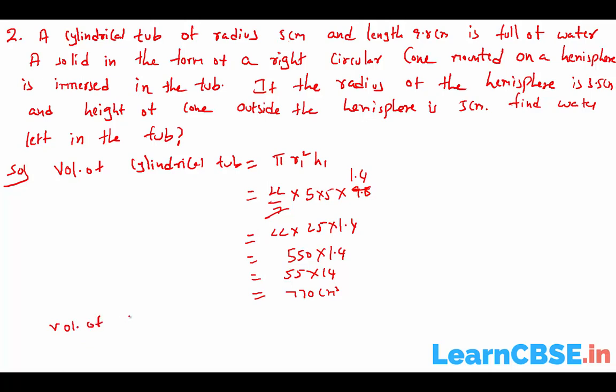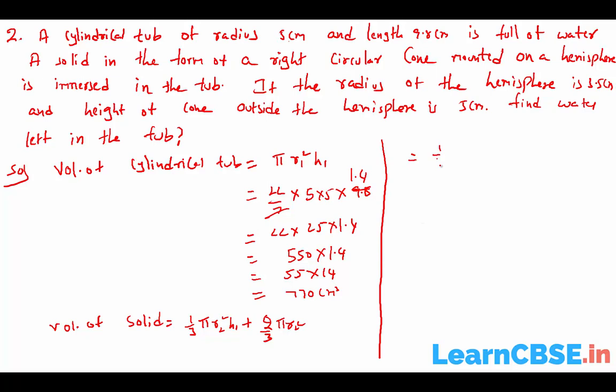Now the volume of the solid equals the volume of the conical portion, 1/3 pi r2 square h1, plus the volume of the hemispherical portion, 2/3 pi r2 cube.